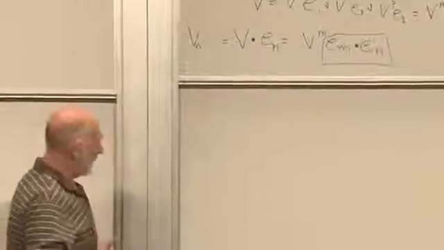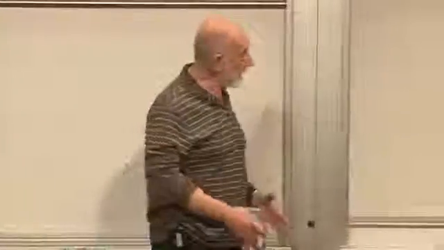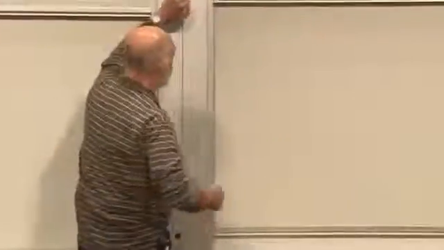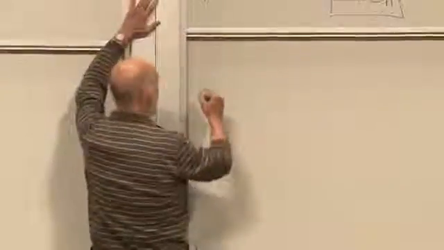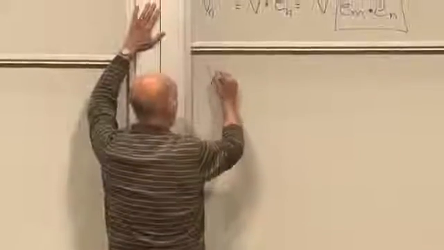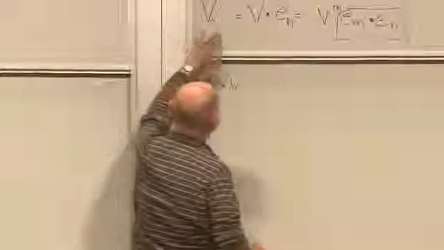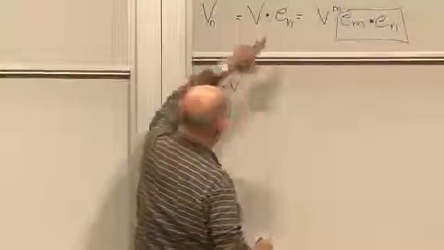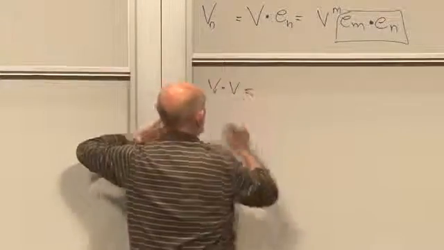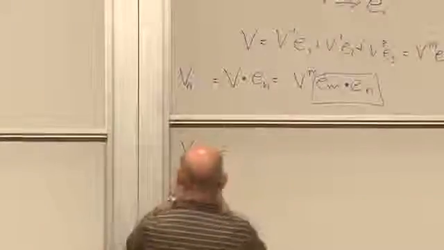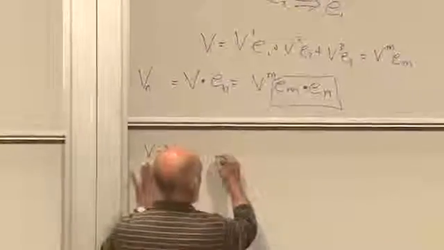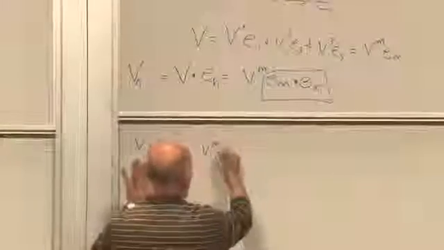The length of a vector is the dot product of the vector with itself. Let's calculate the length of v, and we'll see various ways we can write it. It's v dot v. Now, let's calculate v dot v. From here, we can write that the first v is Vm Em, right?